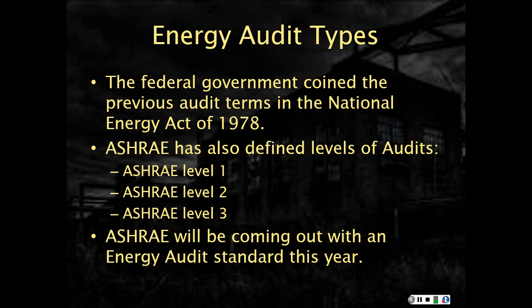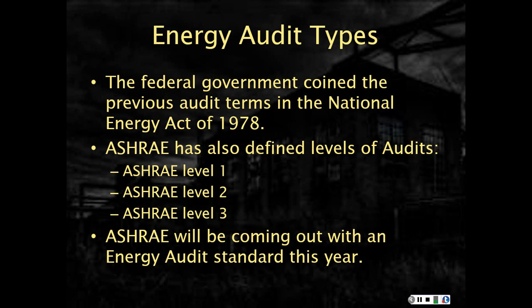So a walkthrough audit, or the simplest audit, is an ASHRAE level 1. The mini audit, where we do a little more work and spend a little more money, is an ASHRAE level 2. And the full technical assist audit is an ASHRAE level 3.